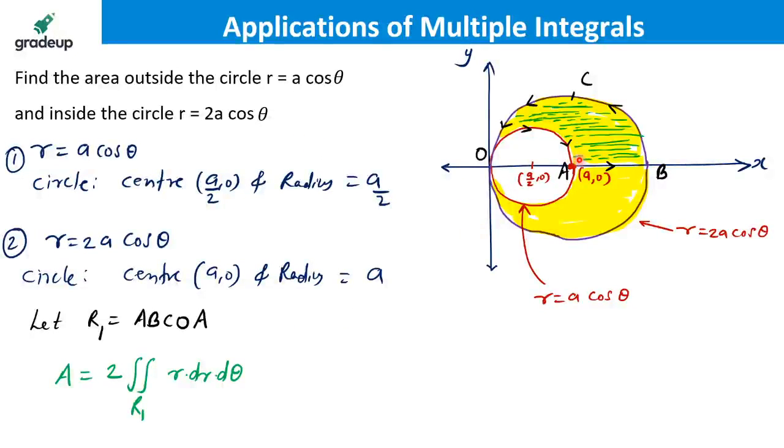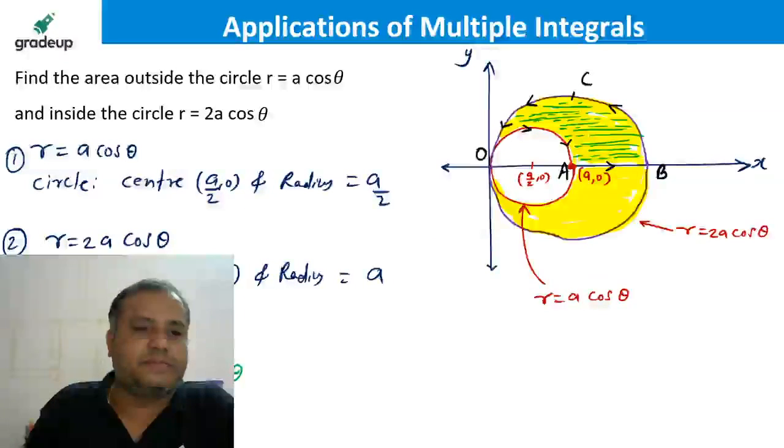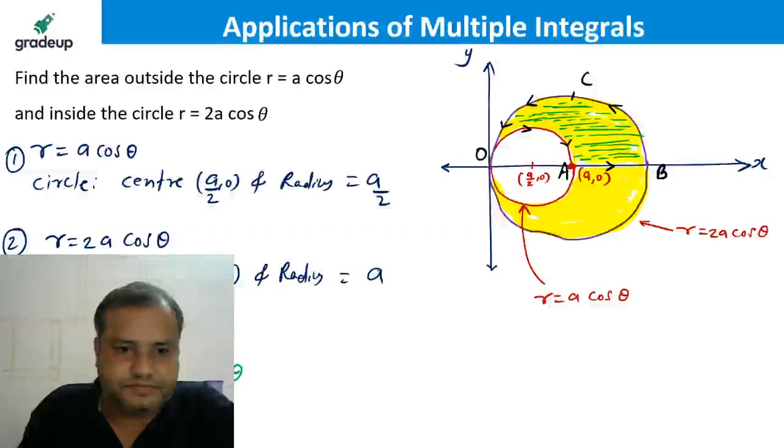Since this shaded area is symmetrical about AB, whatever is the portion above AB, the same is the area of the portion below AB. So why should we make it complicated? We will make it easier. We will just calculate the area of the upper half and then multiply it by 2. That's what I have done here.